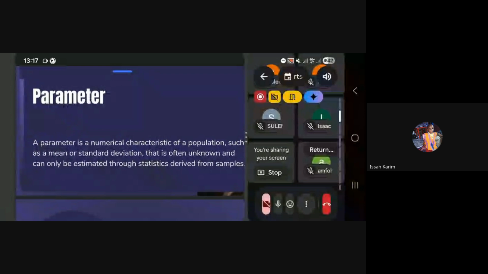For example, looking at the true zero is one of the parameters that we use in determining the scale value of an ordinal or ratio scale. They are the parameters in statistics, especially when we are determining the scale or the measuring scales in statistics. So they are simply fixed numerical values that describe a characteristic.